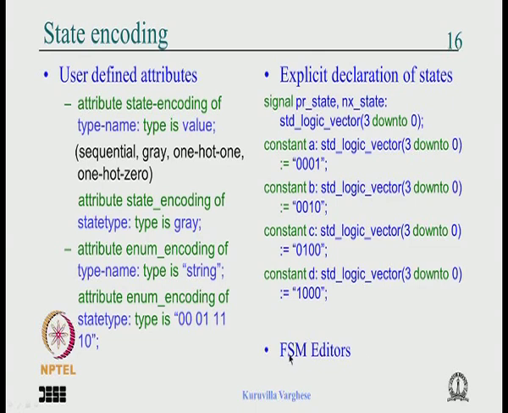And I also talked about FSM editors, graphical tools which allow you to draw the state diagram and which will create the equivalent VHDL or Verilog code. There is no magic in it because it is one to one. As you draw and put various elements, the moment you put a bubble, it knows it's a state, and an arrow is a transition.